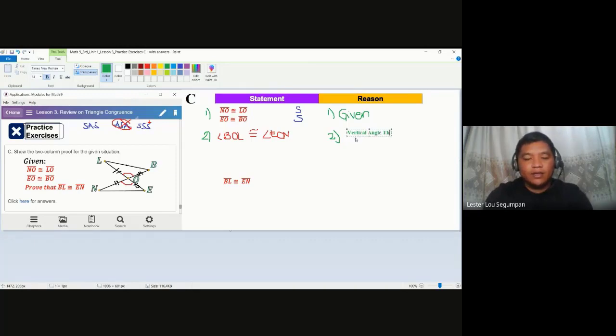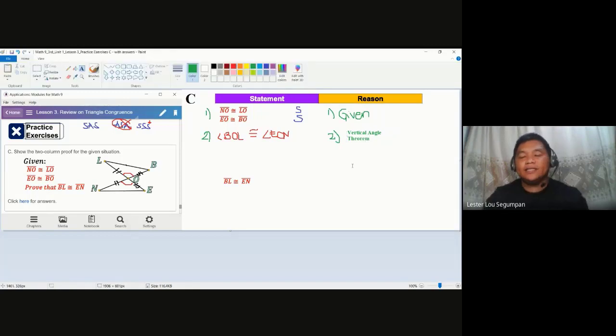The reason is the vertical angle theorem, which tells us that when two angles are vertical angles, they are congruent. Or in shorter form, the vertical angle theorem tells us that vertical angles are congruent.